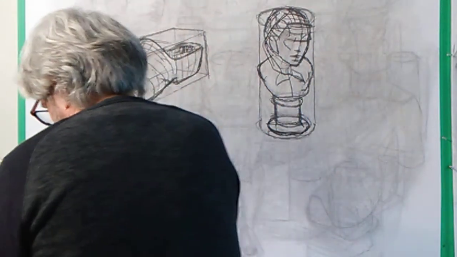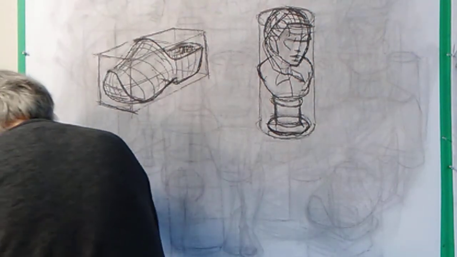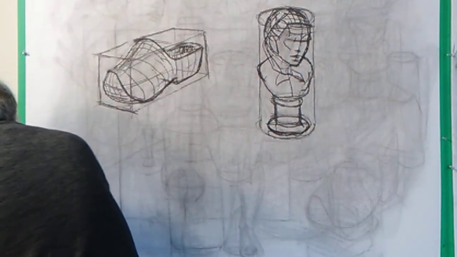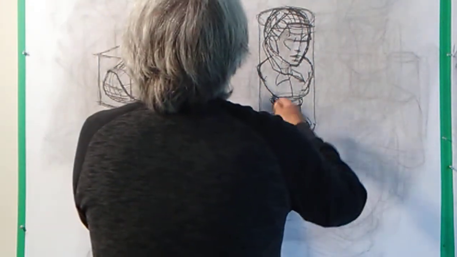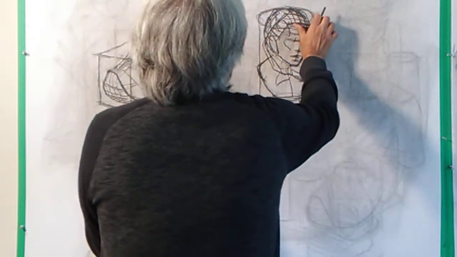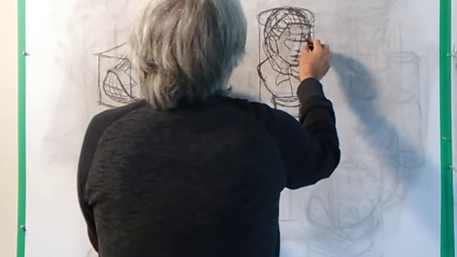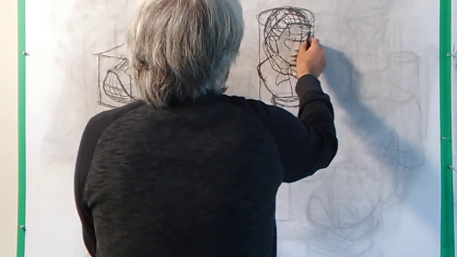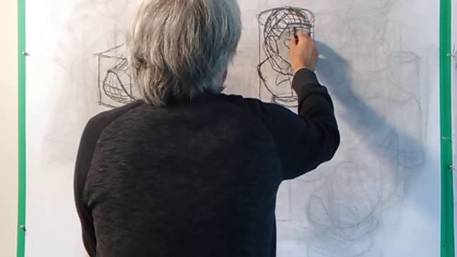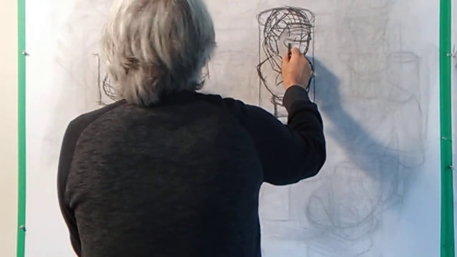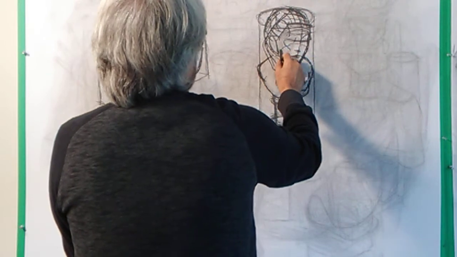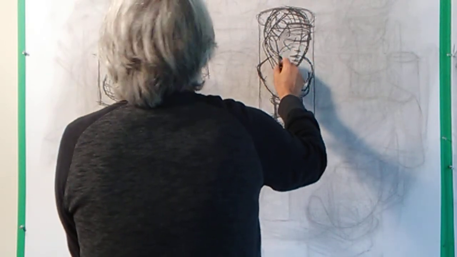Oops. Hold on. Got to fix this charcoal. I think I'm just going to go to my hand. So what we're going to do is watch these curves. So this is coming up and around. Cheek doing the same. It would come this way. It would hit the plane break and roll over.